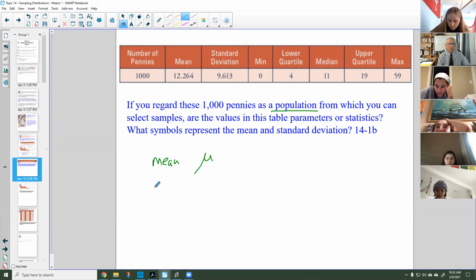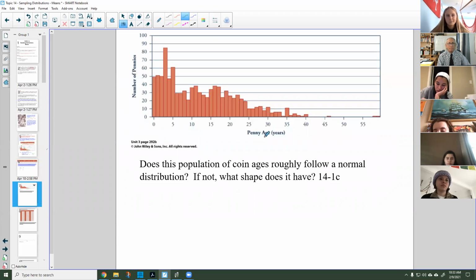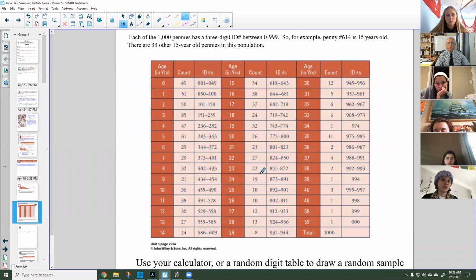And the standard deviation is represented by the Greek letter sigma. Okay. Does not follow a normal distribution, skewed right. We already did that. All right, so this is a table of all the information about the pennies.